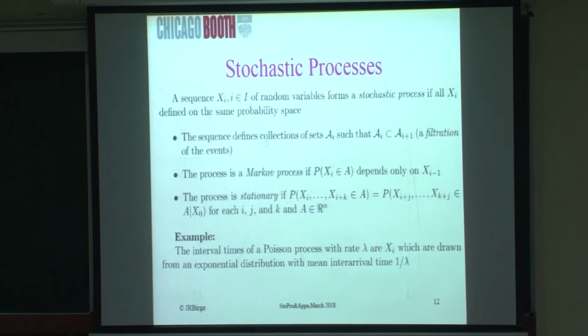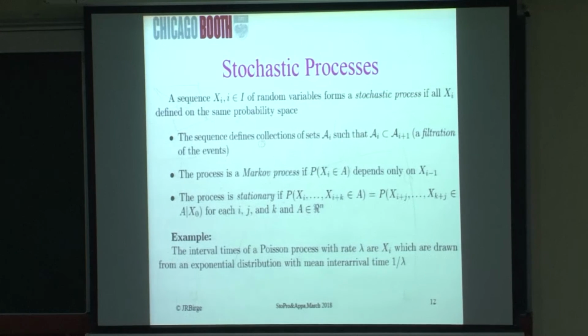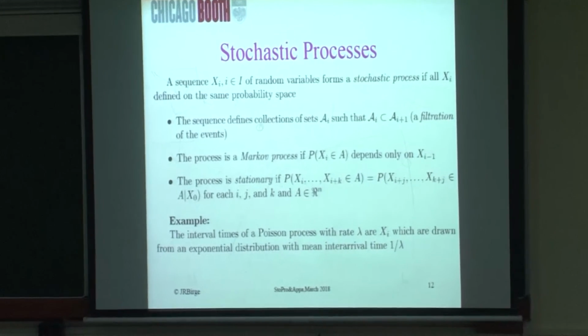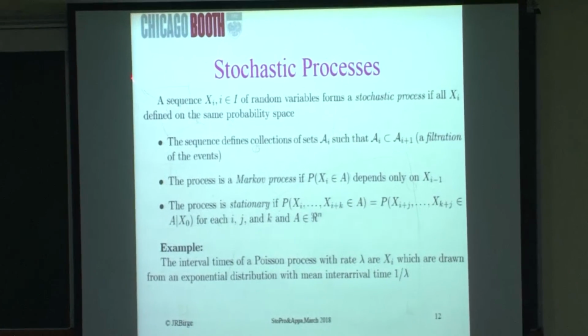We often think of them as being indexed by time. But it could be any kind of index set. So we have a sequence of these random variables. The only thing that binds them is that they're all acting on the same omega. So they're acting on the same set of possible outcomes. And usually it's all outcomes.